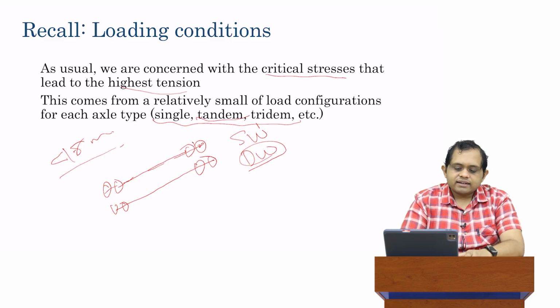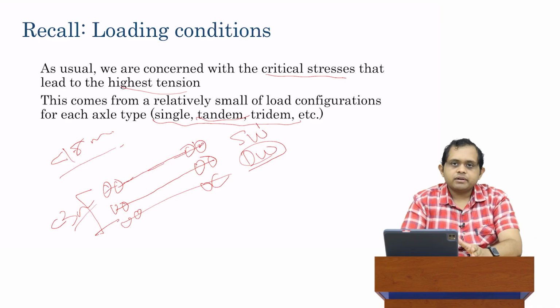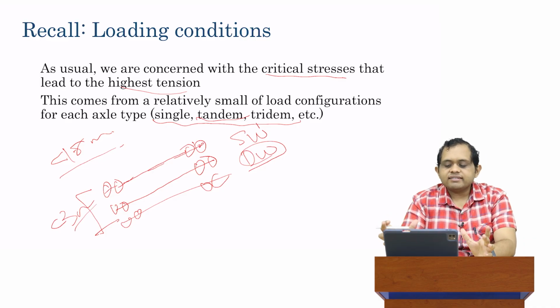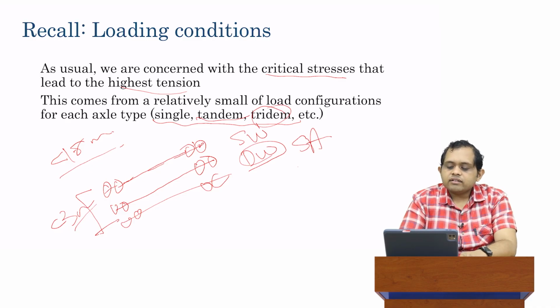Similarly, if the third axle is such that the overall outer distance is less than 3 meters, again Indian practice, then we call that a tridem axle. So we can have single axle, tandem axle, and tridem axles, and we can individually have either single wheel or dual wheel, although in most cases we tend to have dual wheel.